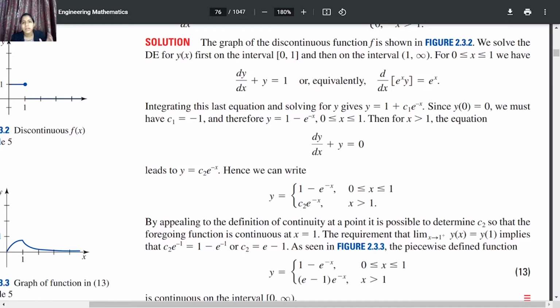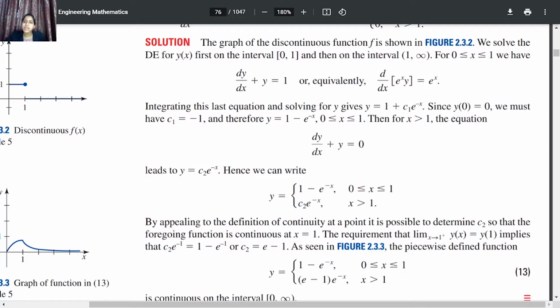So either the function p of x, or the function f of x, which is in the standard form, will be piecewise, that is, it will be discontinuous. So we just have to consider the separate intervals and solve it as a normal differential equation, and just combine it and write the solution.